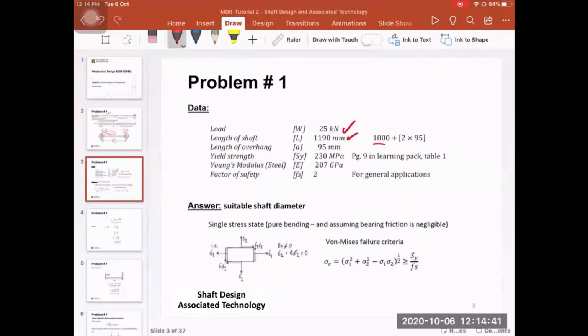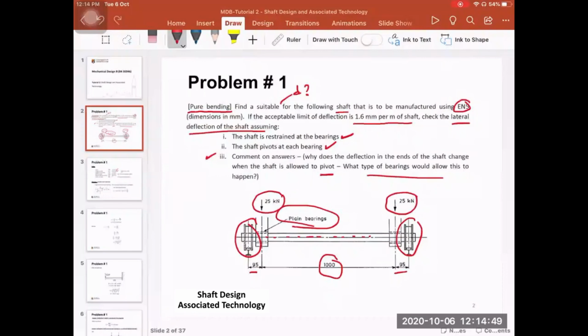So the total length here is 1,190 millimeter. The length of the overhang, this part here between the bearing and the wheel, is called the overhang. It is something like a cantilever. So if you have a shaft, for example, and then there is a bearing here, another bearing here, okay? So this portion here is called overhang, okay?